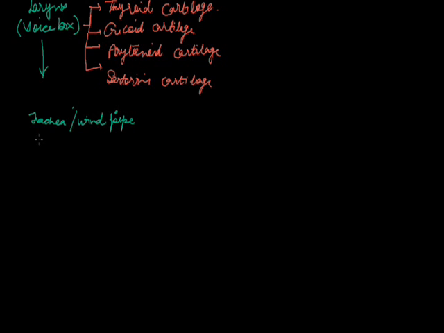This trachea has C-shaped cartilage, which protects the trachea from collapsing when air is not present in it.